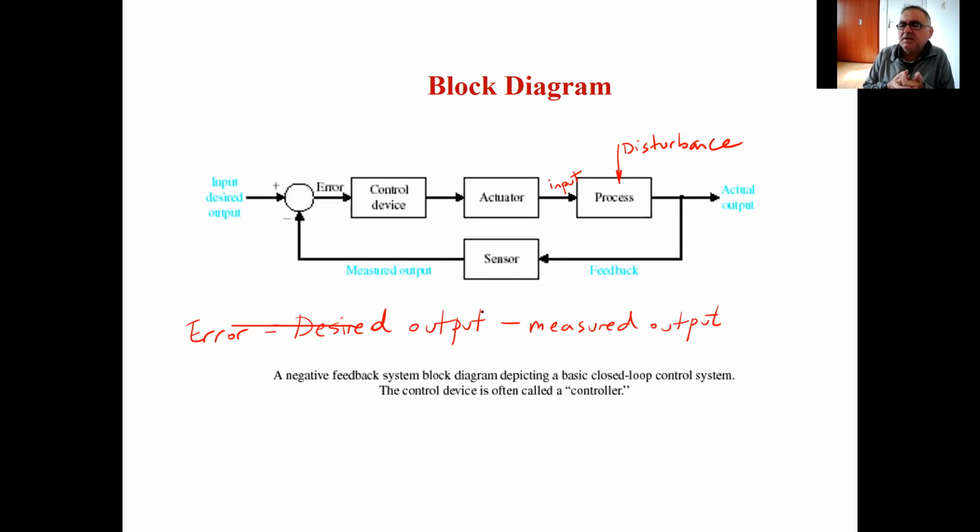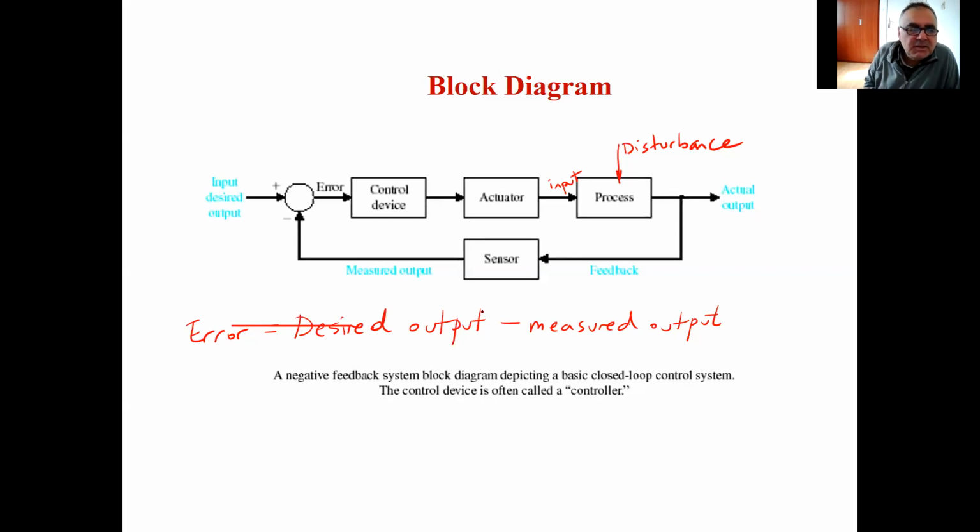As I gave you the example of temperature control, if the temperature in the room is, let's say, 20 degrees, but you want 25 degrees, the error is going to be 25 minus 20, 5 degrees of error, and that 5 degrees of error drives your control device, and that drives your heater so that the room keeps on heating up.